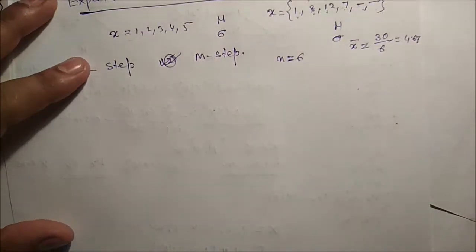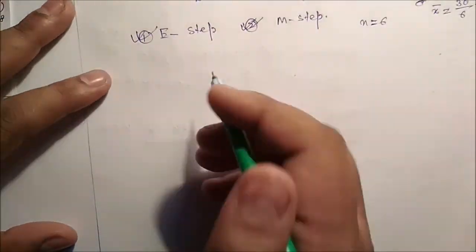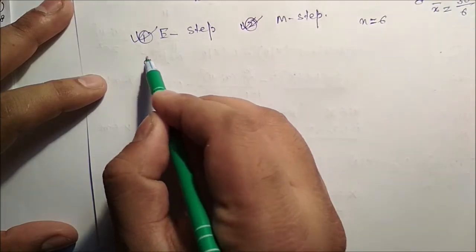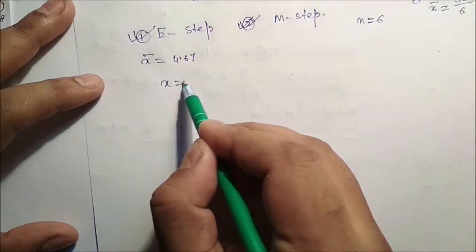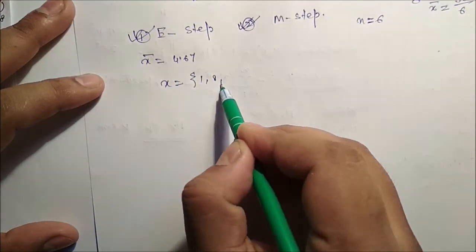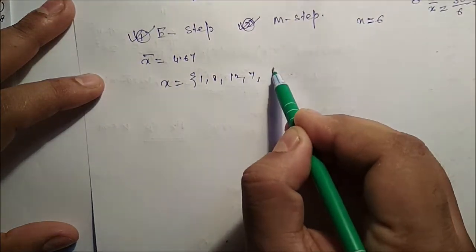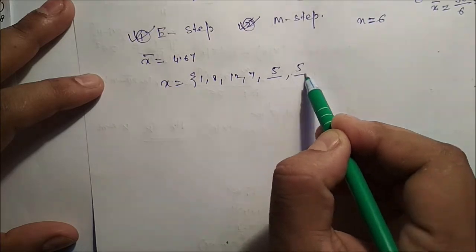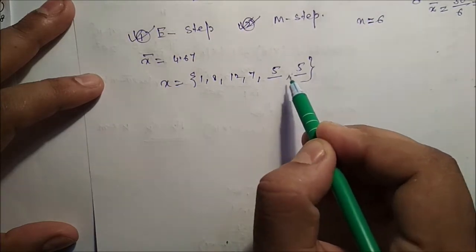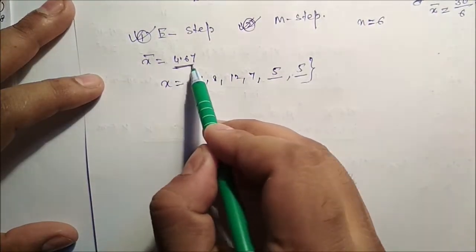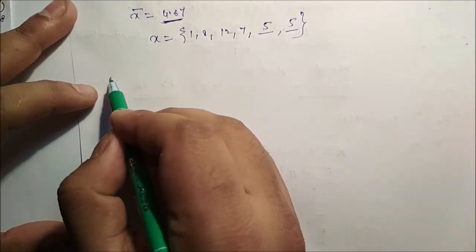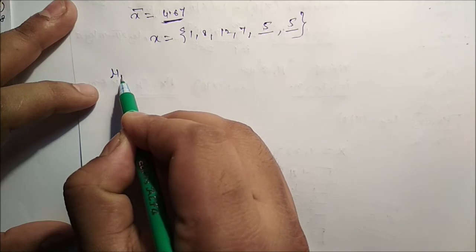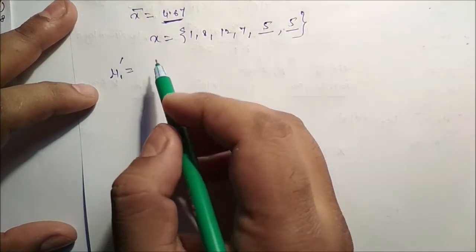Now let the other two data be 5, since we have taken a value near the mean 4.67, which is 5. So we follow some steps. First of all we calculate the new mean.